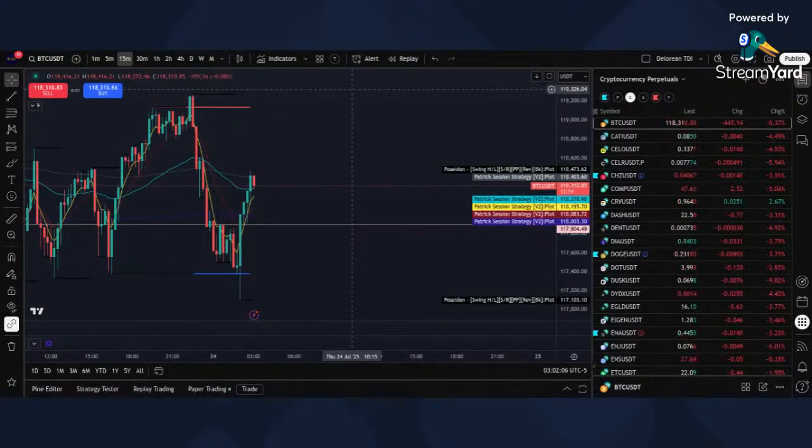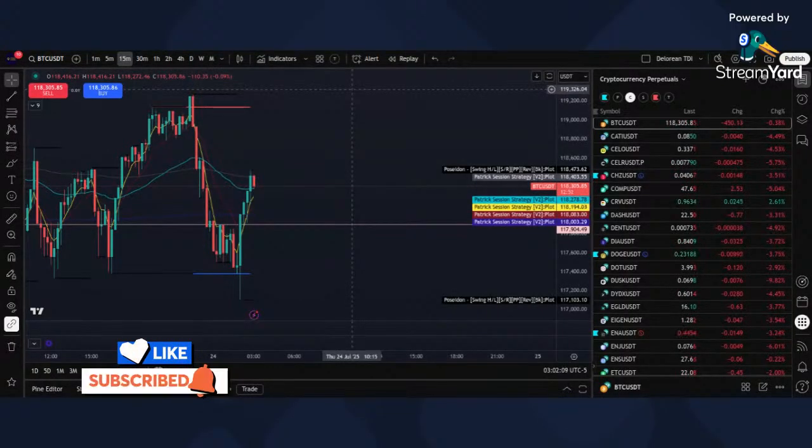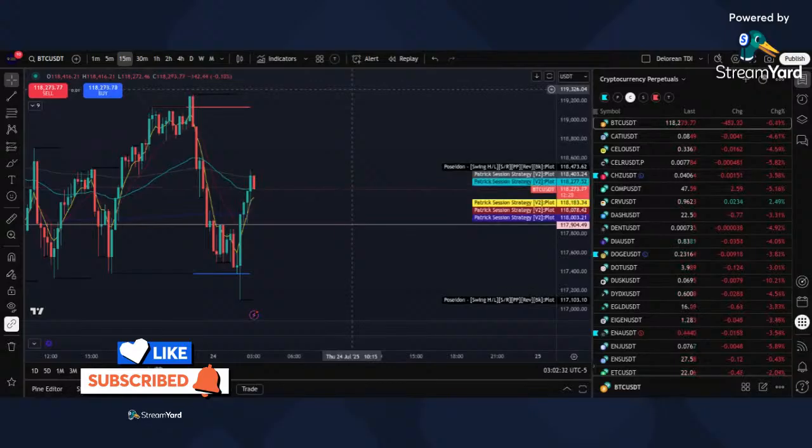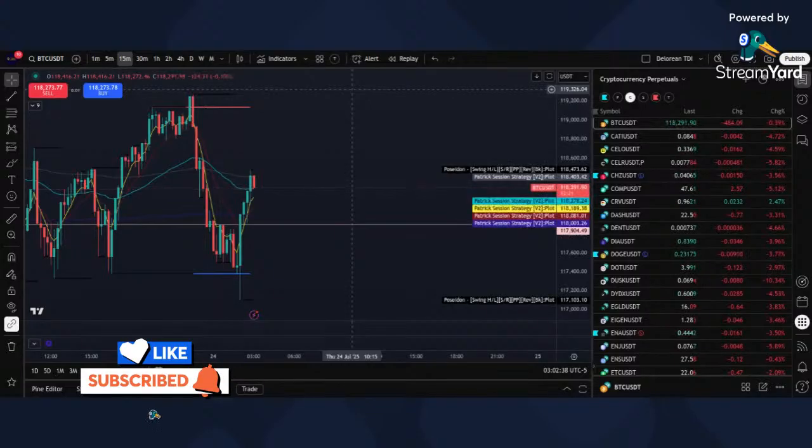Our next time to enter the market will be at 3:15 a.m. Central Standard Time, a little under 13 minutes from now. 12 minutes left to go.